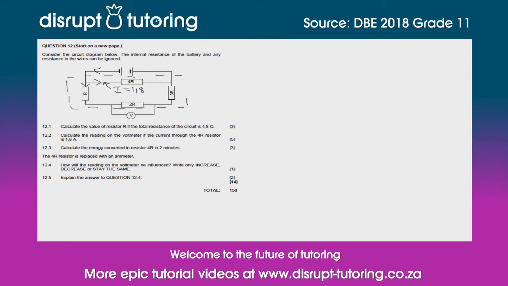So we are working out the voltage through the 4R resistor, and that is equal to that current that they've given us times the resistance of the 4R resistor.